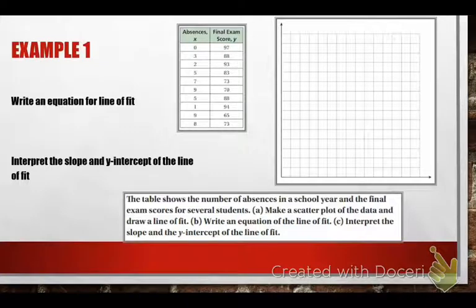The first thing we're going to do is figure out what x values we need to put on our scatter plot. So we see the range of x values here that stands for absences. What do you think you're going to put on your scatter plot? Go by ones. Yeah. Now, go by twos, but skip every other one, okay? That's what I did.